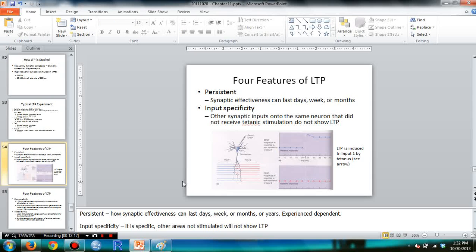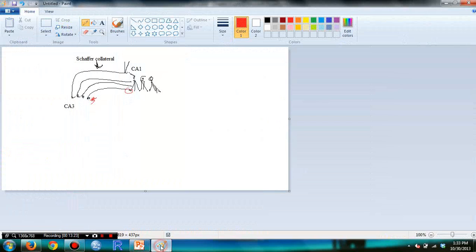It's just a more complicated version. Another interesting thing, and this is where we start to get into learning, is that it turns out you can cooperatively induce LTP. How does this work? So let's say we have our CA3, our CA1s. And let's say we know for a fact that if we did, let's say, a medium stimulation 100 times, that's not enough to induce LTP.